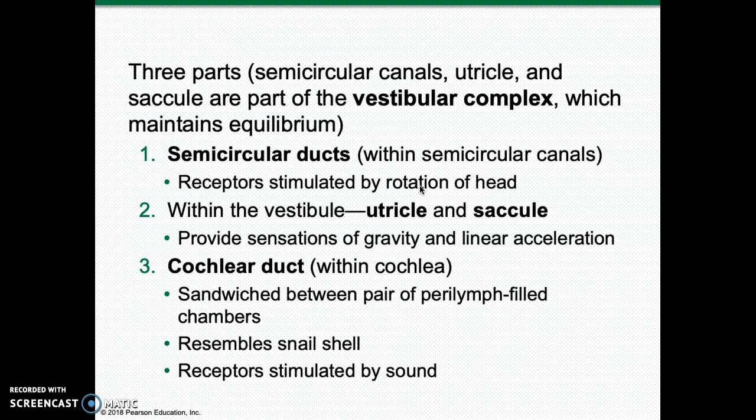In the cochlea, the membrane in there is the cochlear duct, and that has the receptors for sound. So while we talk about the inner ear as being important for equilibrium and for hearing, there's two types of equilibrium: rotational equilibrium and gravity and linear acceleration.